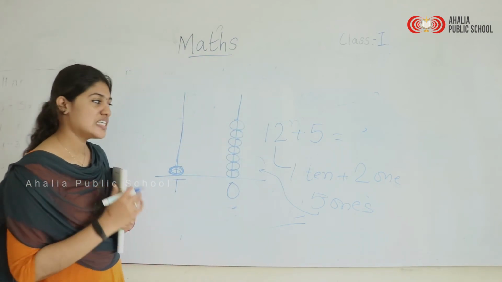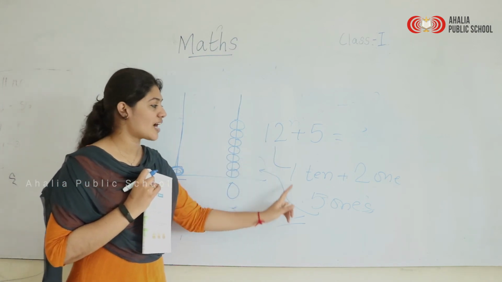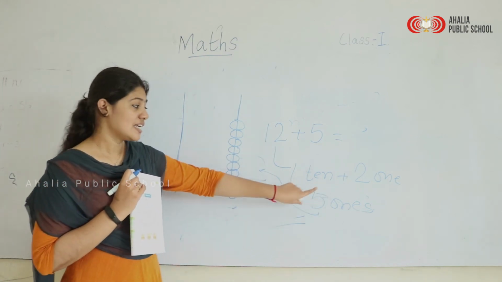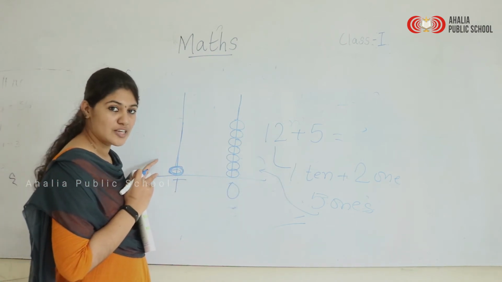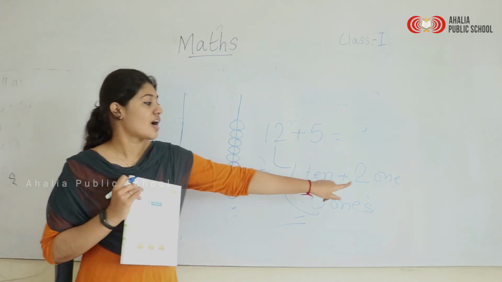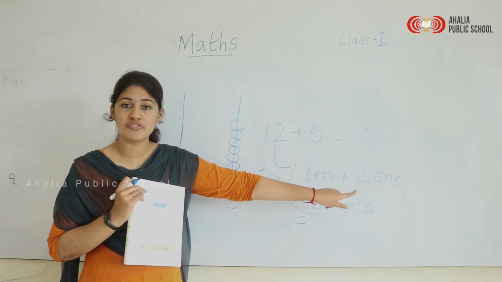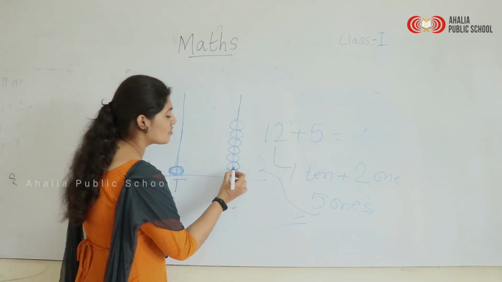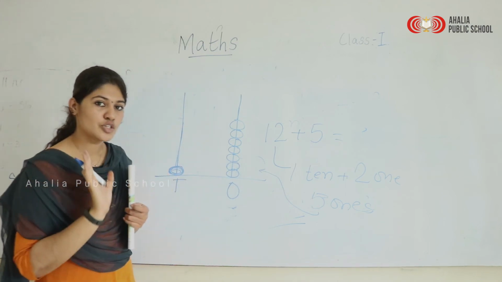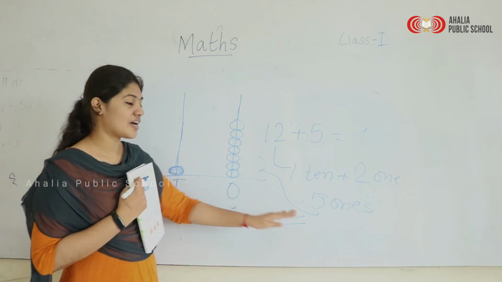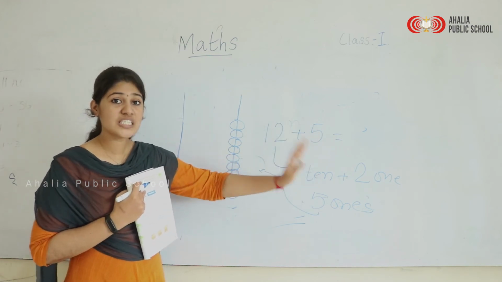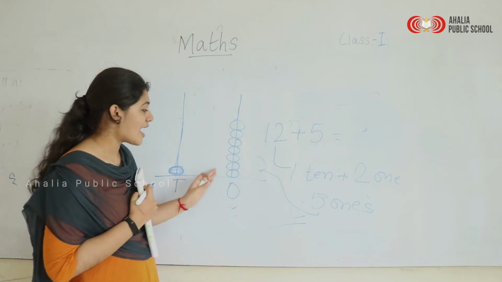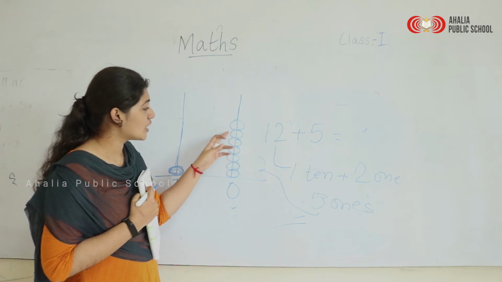Clear? First split the 12 into 1 ten and 2 ones. Write this 10 in the tens place of the abacus. Next take how many ones are there in 12? 2 ones. First draw those 2 ones here. Now the number 12 is okay. Next take 5 ones. That is 12 plus 5, right? 5 means 5 ones. So add 5: 1, 2, 3, 4, 5.